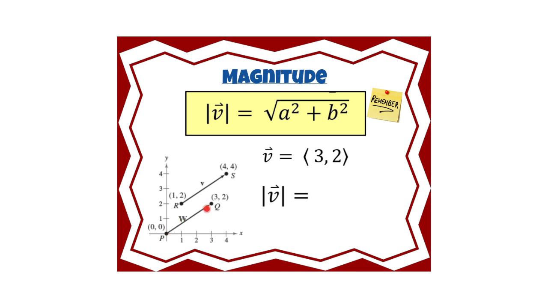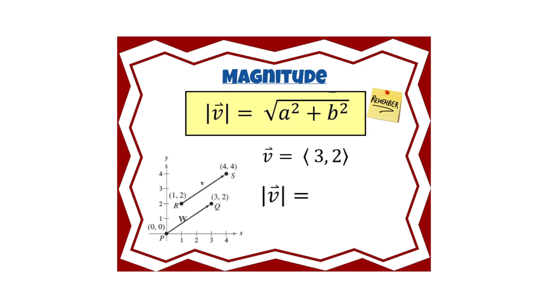Because if I want to know how long this is, that would end up being the hypotenuse. So I could take my horizontal component squared plus my vertical component squared should equal the magnitude squared. So right here, this is how I would find it. To find the magnitude, notice the notation, the bars, all I'm going to do is a squared plus b squared, and then I end up having to square root it, just doing Pythagorean theorem.